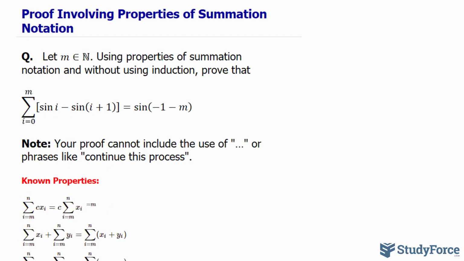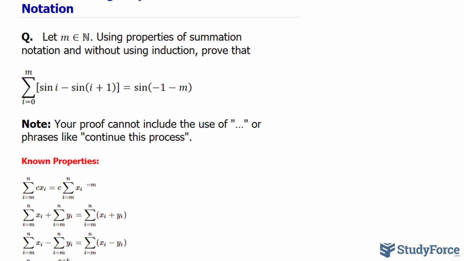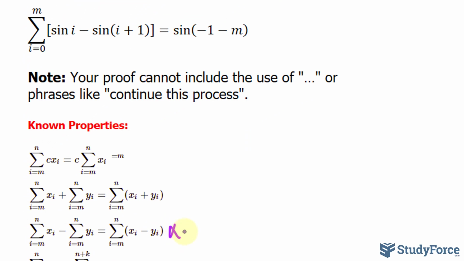Let's begin the process with the left side. Notice that in this expression, found within these brackets, we have two terms, sine i minus sine i plus 1. I will apply this property to split them. And here's what happens.